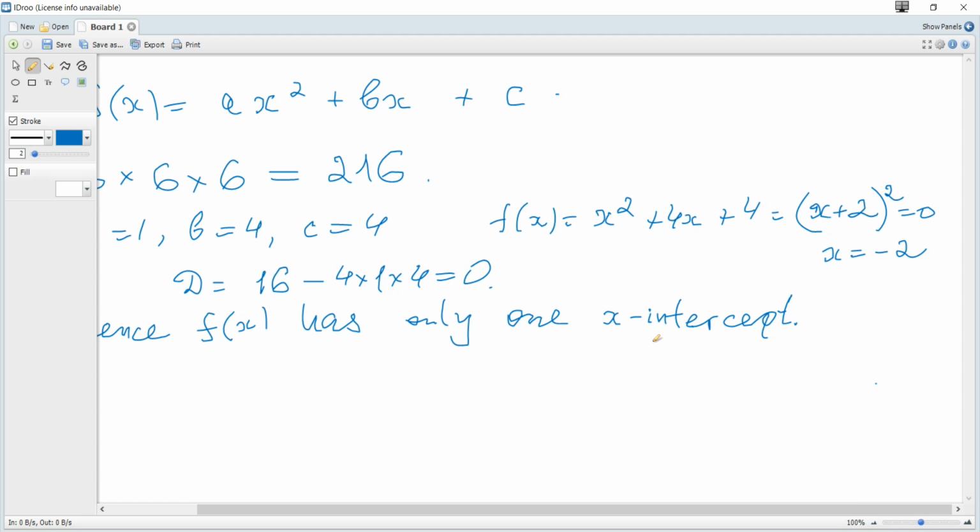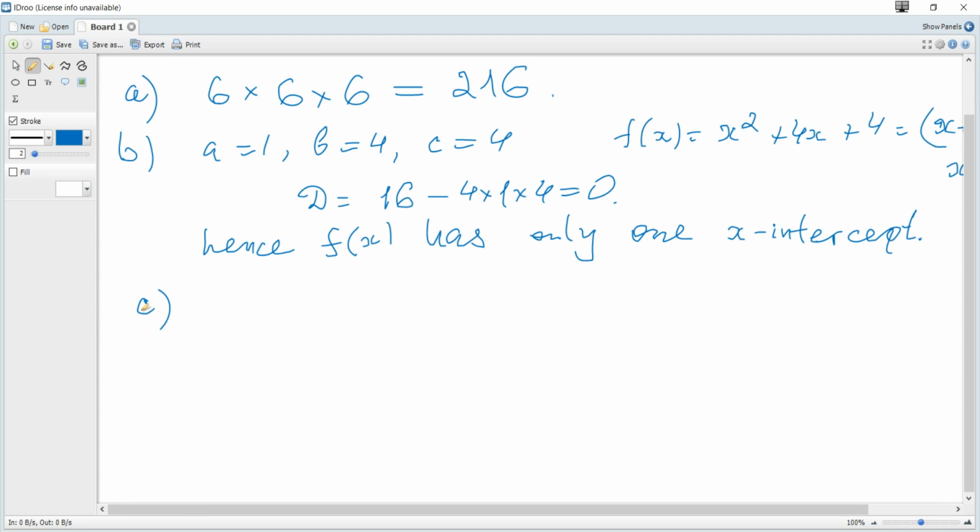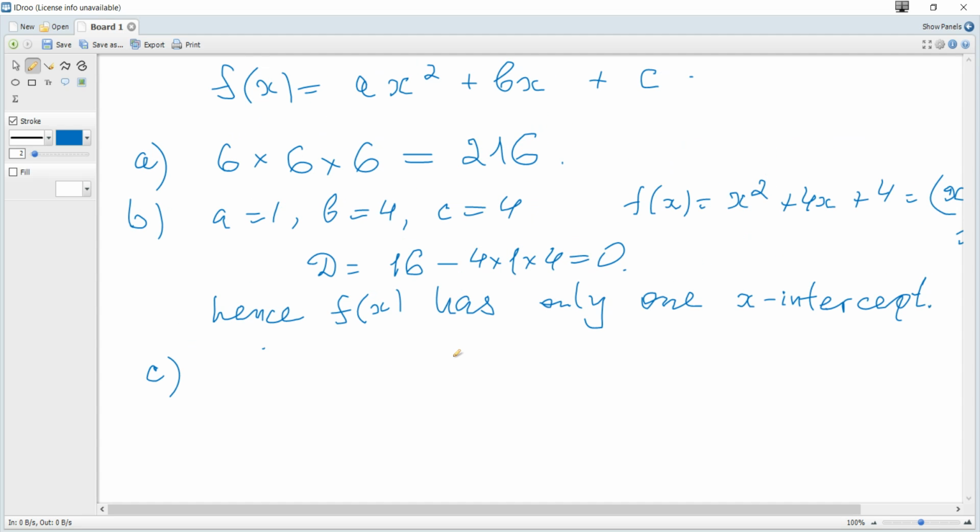The next, C. By considering the discriminant or otherwise, show that the probability of the graph of such a randomly generated quadratic function having only one x-intercept is 5 over 216, 6 marks. Probability is the number of favorable outcomes divided by the total number of outcomes.